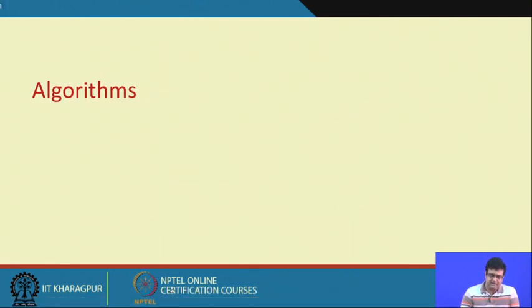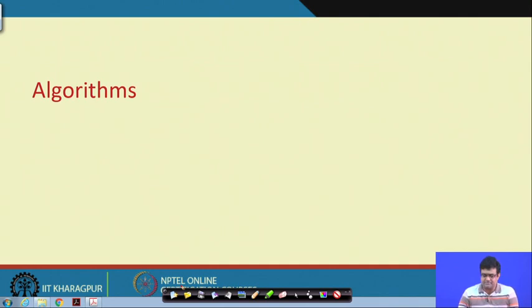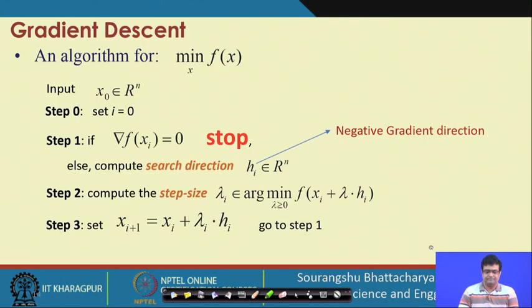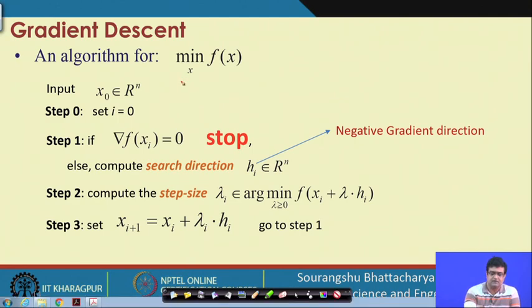Now, we go into algorithms for solving this optimization problem. The first algorithm we discuss is called the gradient descent algorithm. Suppose we have an objective function, minimize f of x. The algorithm takes an input x 0, which is an initial point.